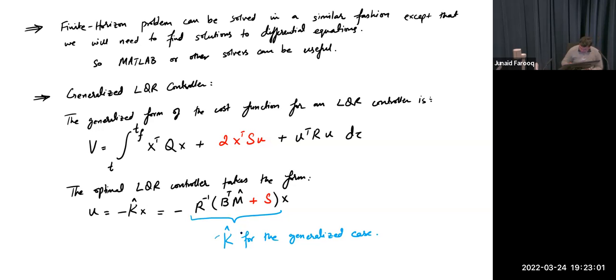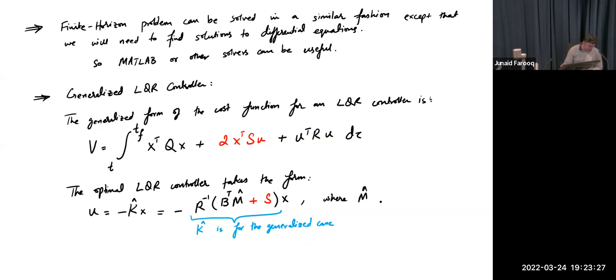Another important thing is that M hat is now also slightly different. If this is the K hat for the generalized case, important to note here is that M hat is the solution to the following Riccati equation.